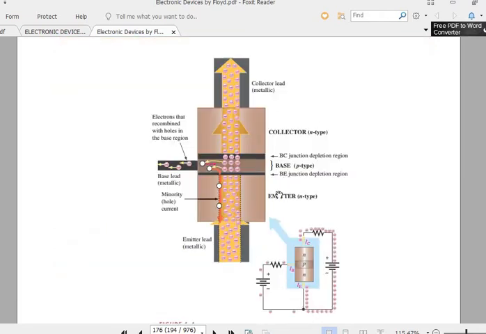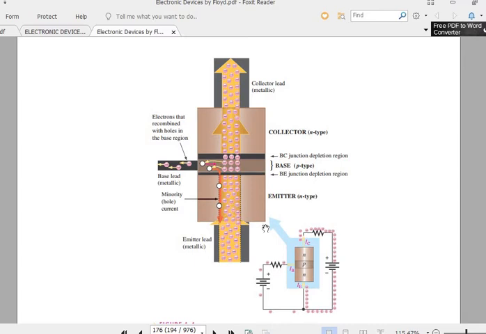So dear students, looking at the figure given in the book of Floyd, this is the same thing that has been described in the previous figure. Just try to understand the behavior of a transistor while we are connecting it in the common emitter configuration.